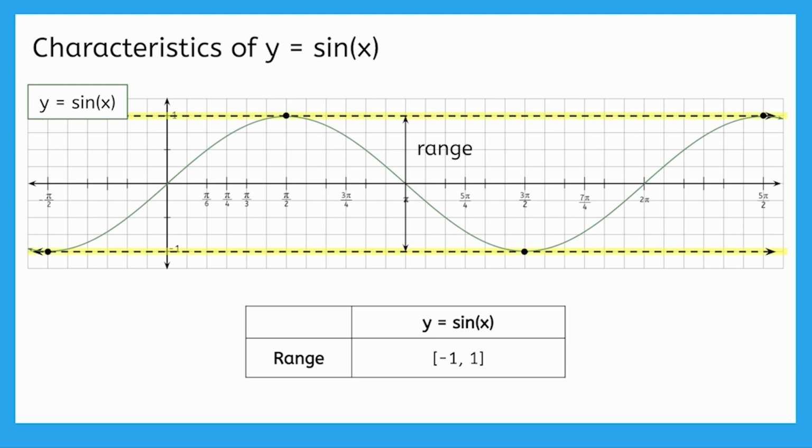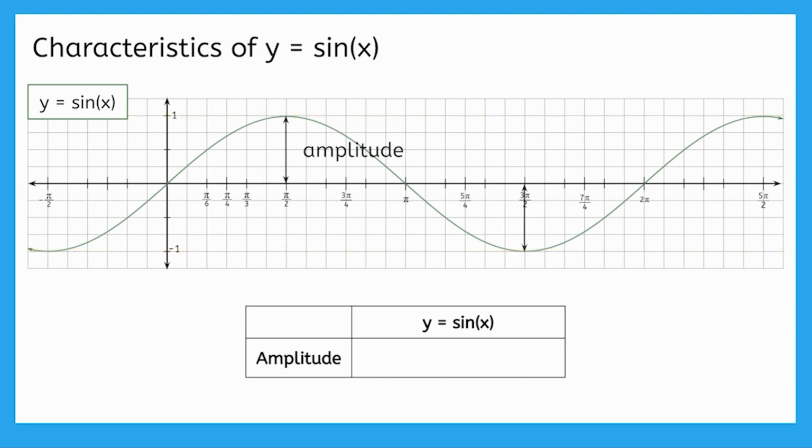The amplitude is the height of the wave, measuring how far it reaches above or below the midline, which is the horizontal line that runs through the middle of the wave, dividing it into upper and lower halves. For the function y equals sine of x, the amplitude is 1, and the midline is the line y equals 0.